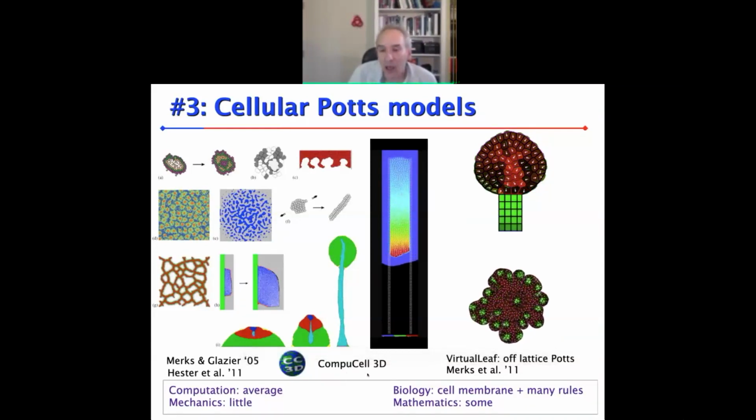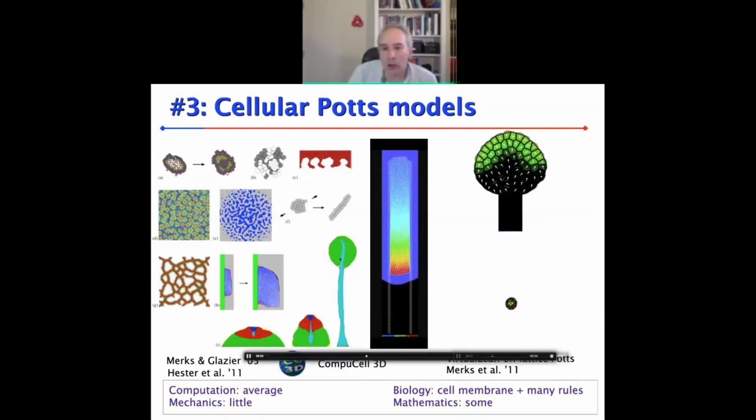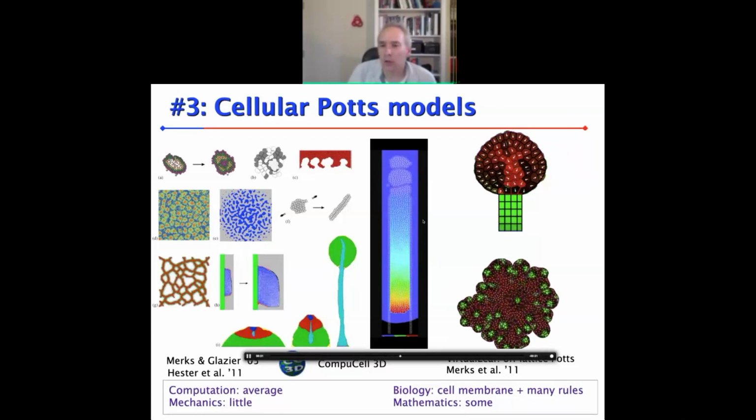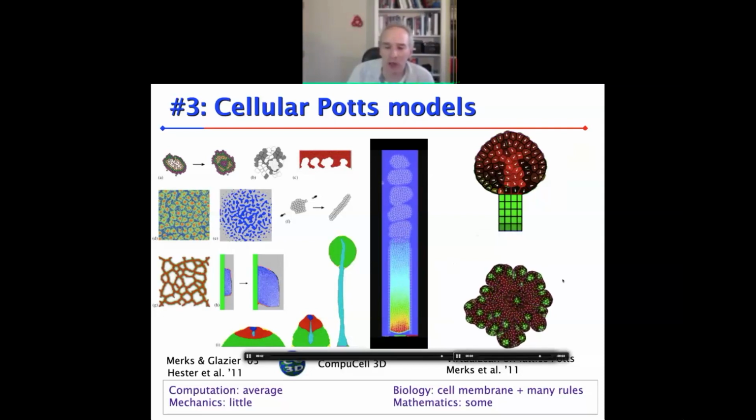Here's a very nice application to the formation of vertebra. You see the vertebra coming here, so it's somite formation, or in the process of leaf formation and growth. This is more than just the cellular Potts model. There are a lot of variations on it.